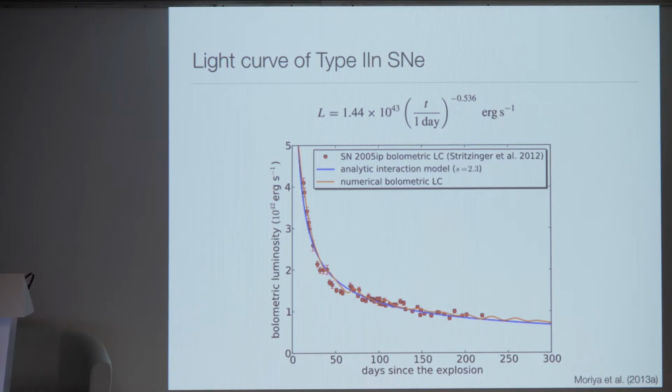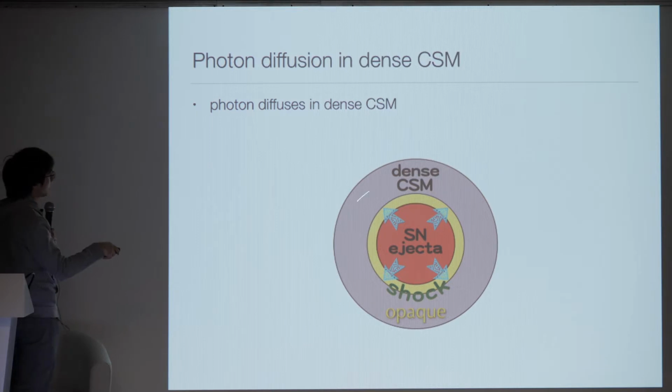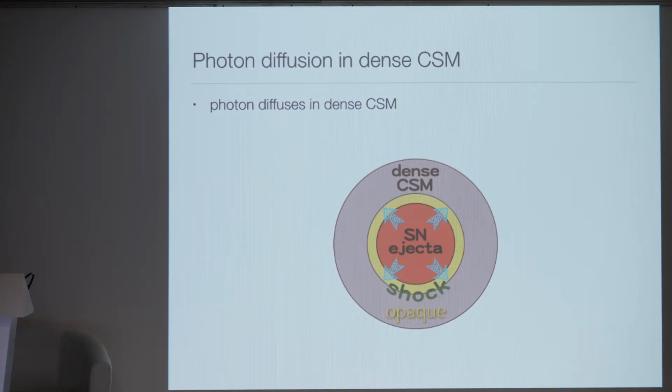But if the circumstellar matter is opaque, then the photons released at the shock will be diffused, and it takes time for the photons to be emitted from this system. So the model I introduced cannot be directly applied to this kind of extreme system.